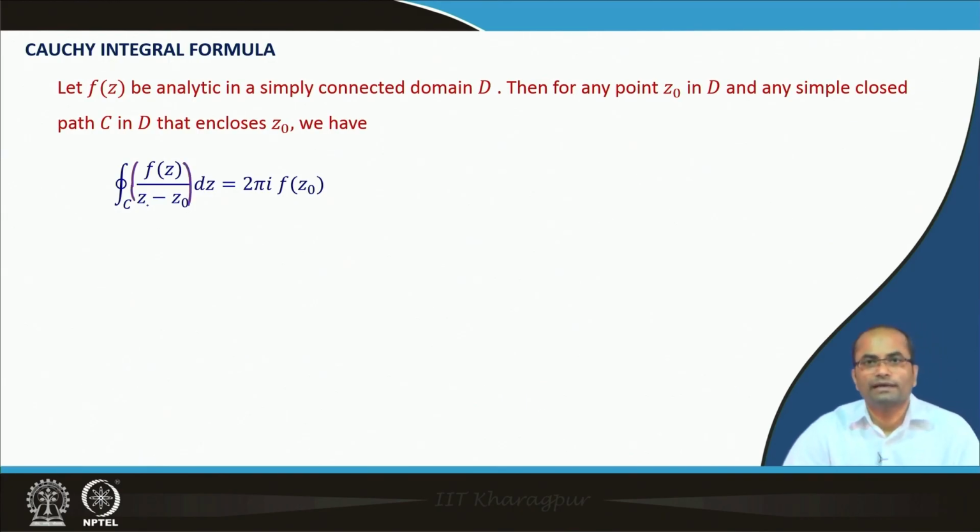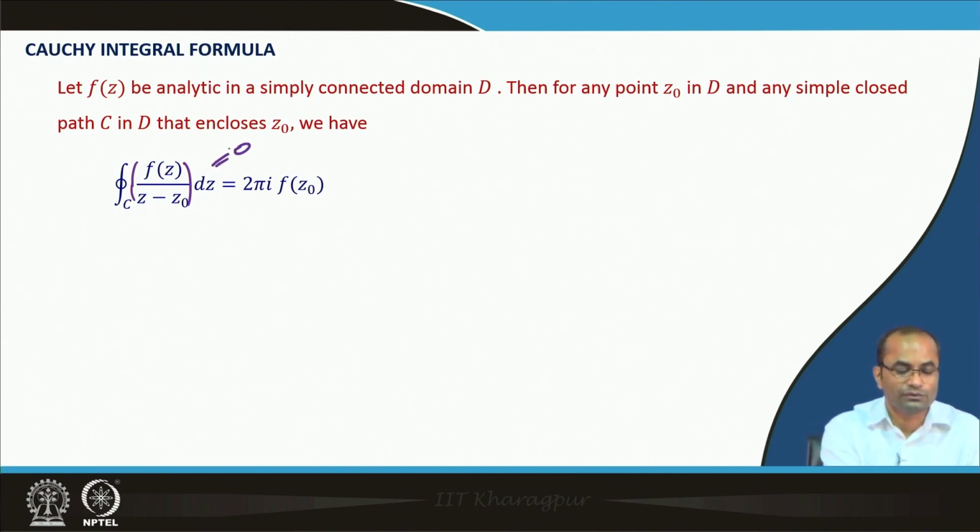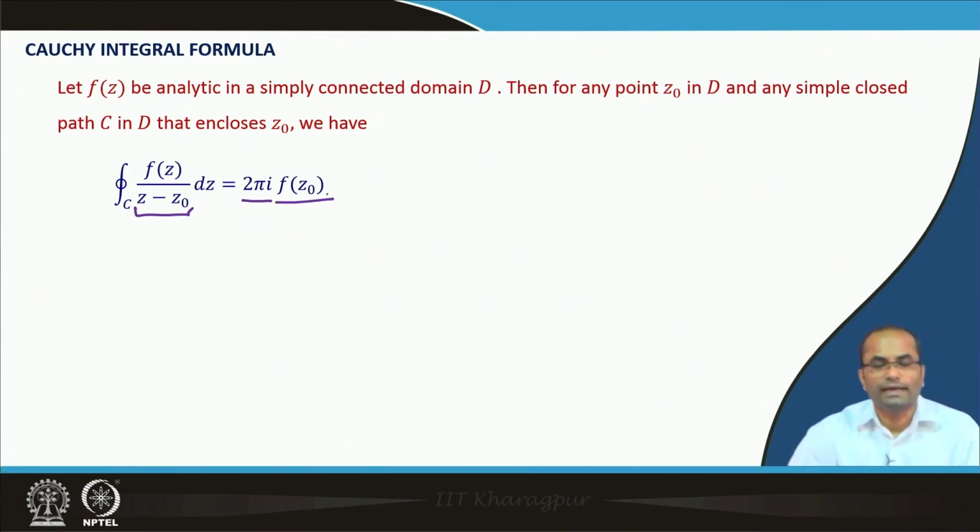This is no more analytic in that domain, because the point z0 is there, which is enclosed by this curve C. So, naturally this integrand is not analytic, and we do not have this equal to 0, which was the case earlier when the integrand was analytic. Here the integrand is not analytic because of the term z minus z0, and as a result this integral has the value 2 pi i times the function at z0.